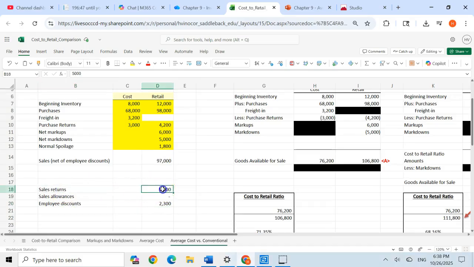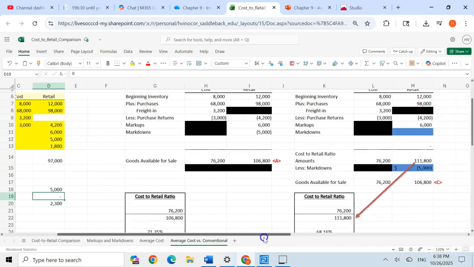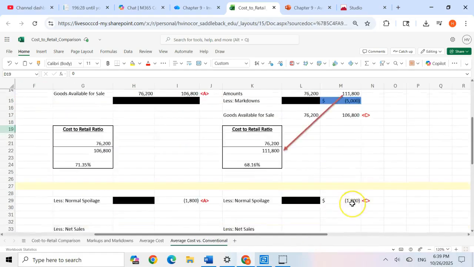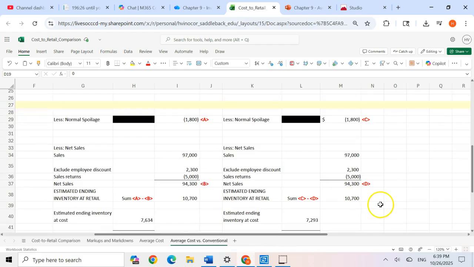We also have what's called sales returns when people return inventory to us, and there's sales allowances, but we don't have any in this example. But just so you know, both sales returns and sales allowances are a reduction to the net sales amount. So let's go here and we're going to calculate our net sales, and they are identical whether it's the average cost method or the conventional retail method.